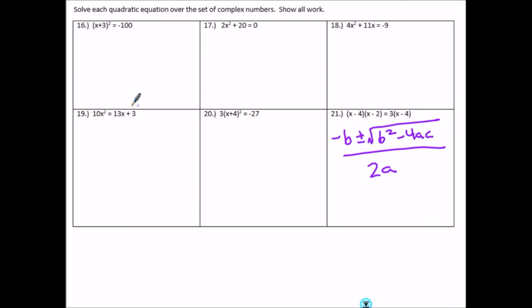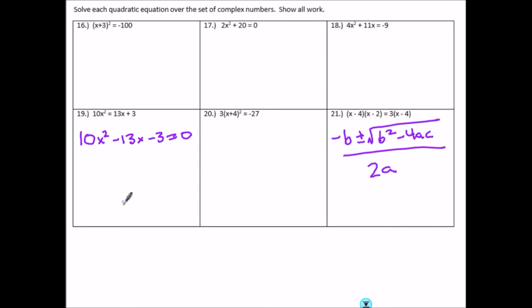I need to make sure that my equation is set equal to 0, so I'm going to move the 13x and the 3 to the other side, which means I end up with 10x² - 13x - 3 = 0.